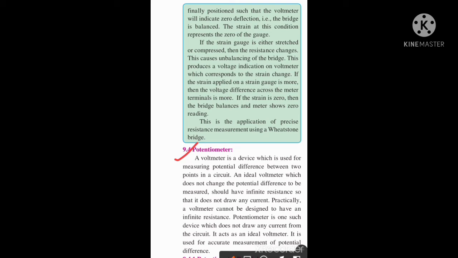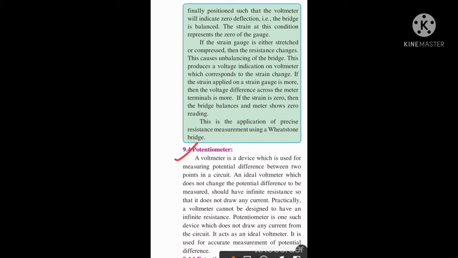Potentiometer is a device which is used to measure the potential difference as well as the EMF of a cell. We know that a voltmeter is a device which is used for the measurement of potential difference between 2 points in a circuit.